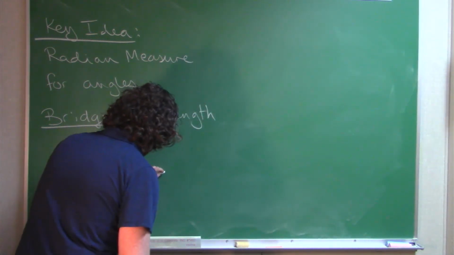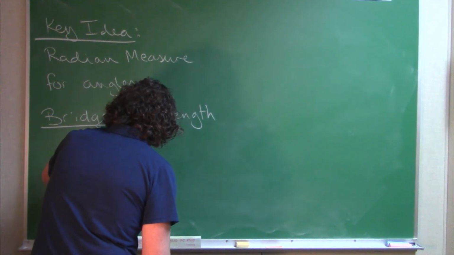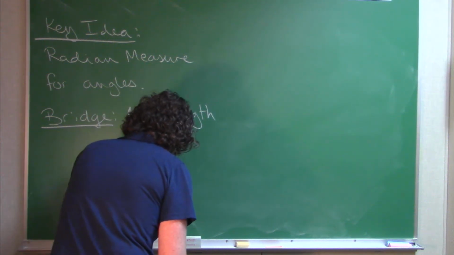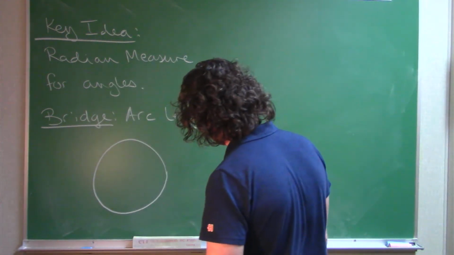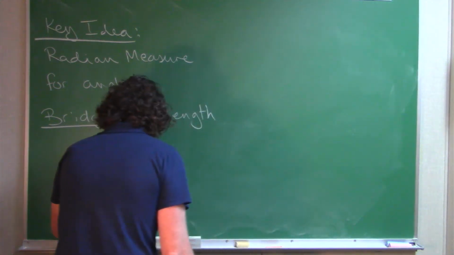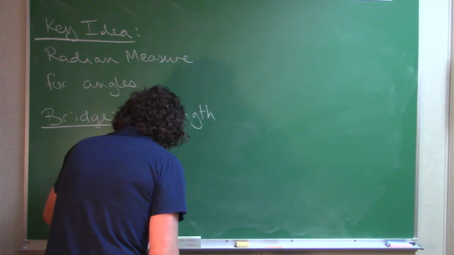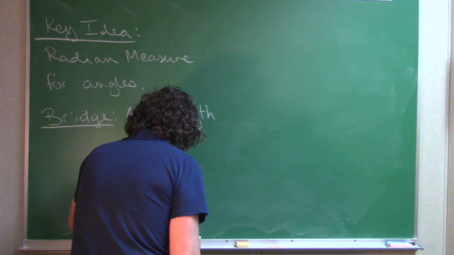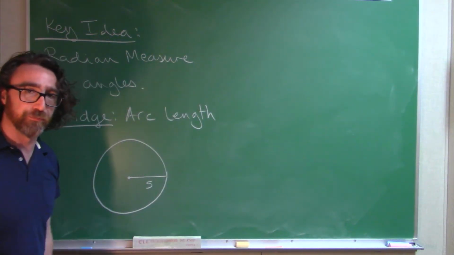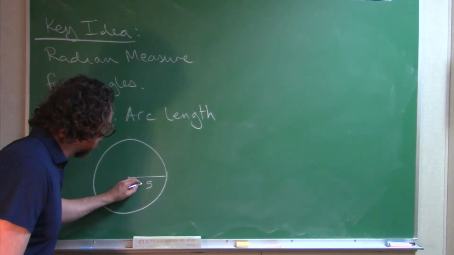So we're going to take a circle here. I'm going to imagine a circle. Let's say the radius of my circle is 5, r equals 5.